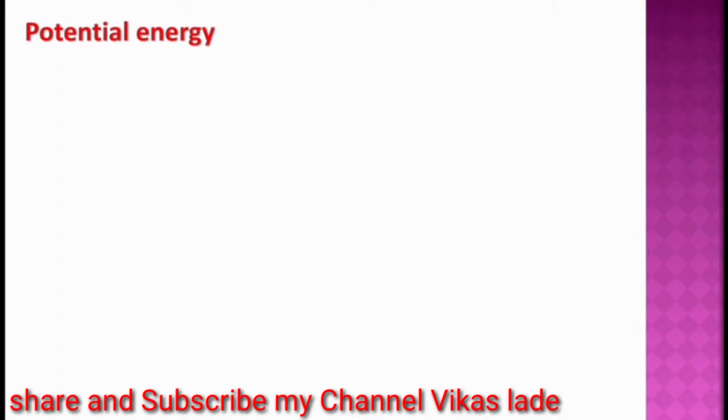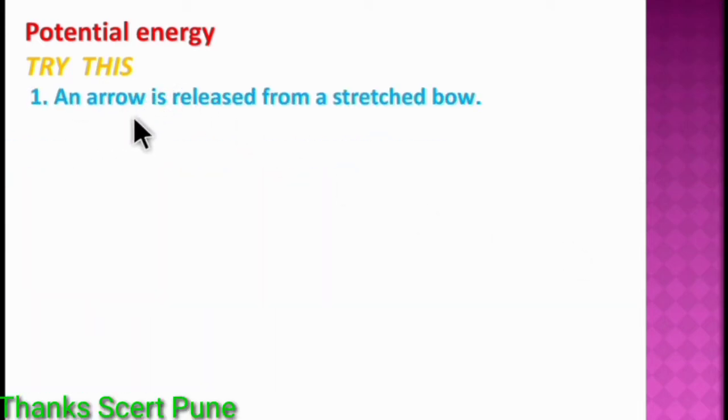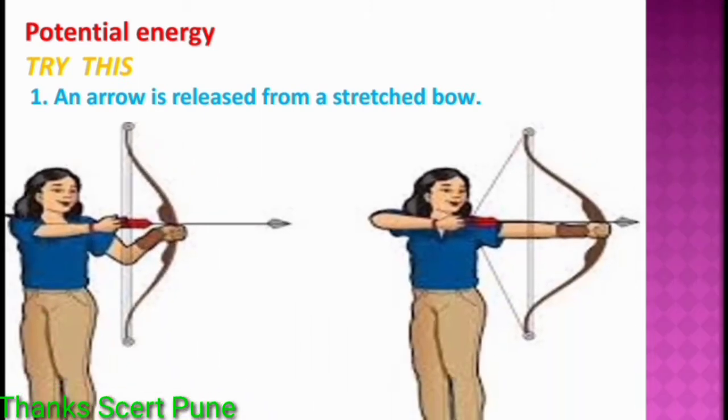Potential energy. Try this. Three examples are given in try this. First one, an arrow is released from the stretched bow. Which words describe the state of the object in the above example? Answer of this question, the word stretched.